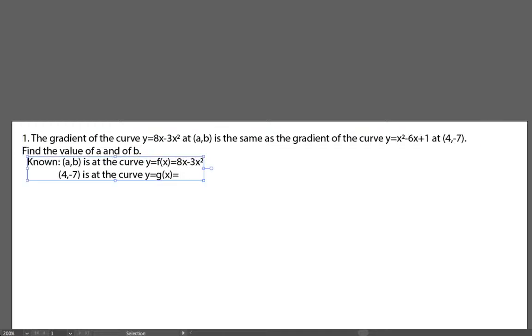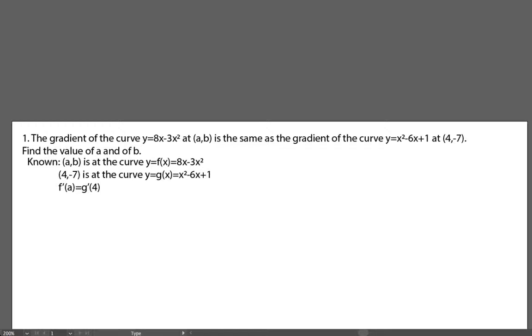There we go. And then another fact that we have is that the gradient at point a of the first function must equal the gradient of the second function at x equals 4. How would you write this down? You could say f prime of a, since it is at point a, must equal g prime of 4.